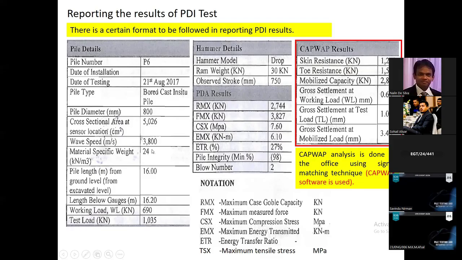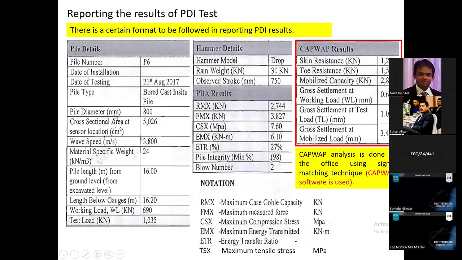The wave speed, the density of the material, the length of the pile, these details are given. Then the hammer details, right? The weight of the hammer, the hammer stroke, and the test date, the PDA results: RMX value, mobilized capacity, maximum force, compressive strength, compressive stress, right?